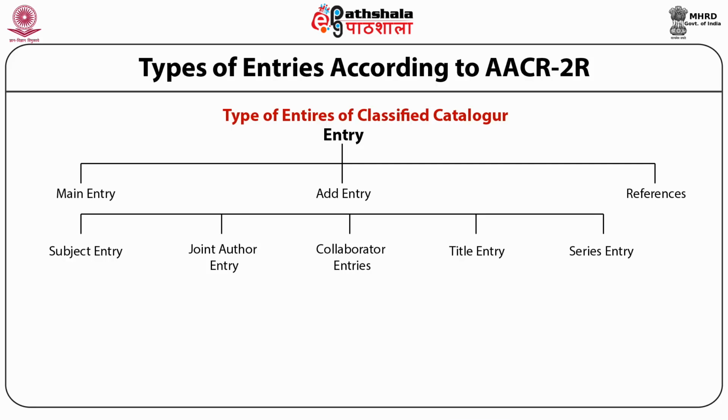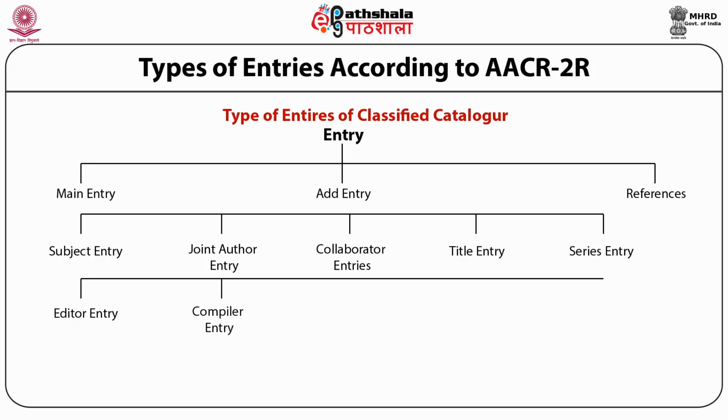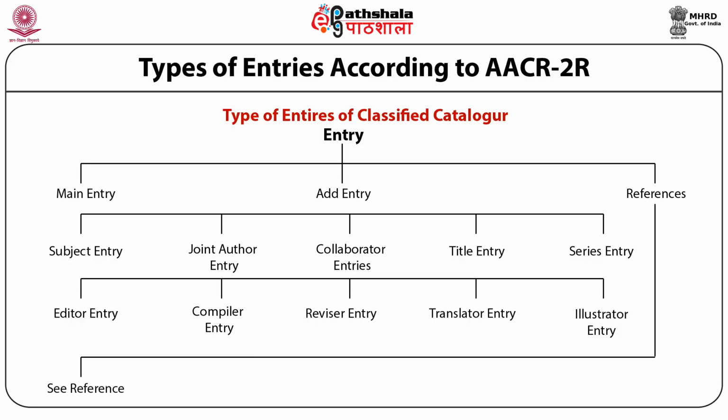Collaborator entries are further divided into 5 types: editor entry, compiler entry, reviser entry, translator entry, illustrator entry. References are further divided into 4 types: see reference, see also reference, name title reference, explanatory reference.